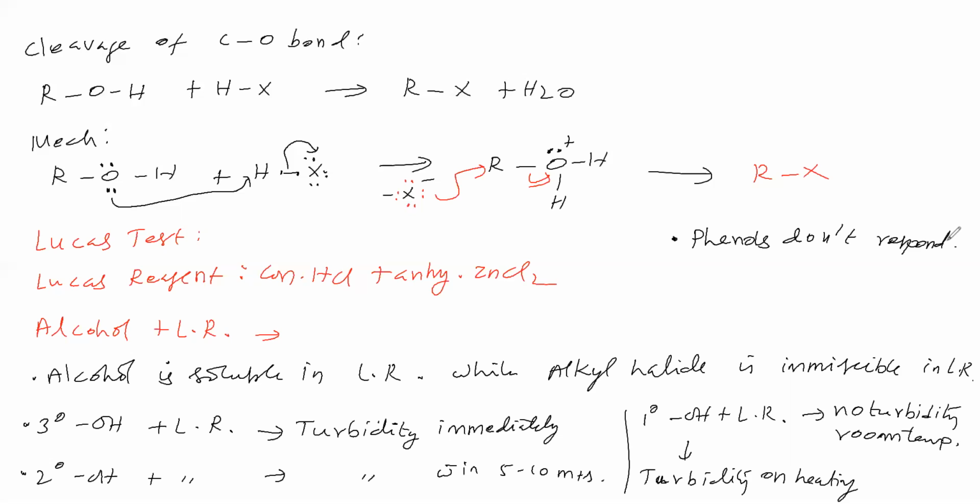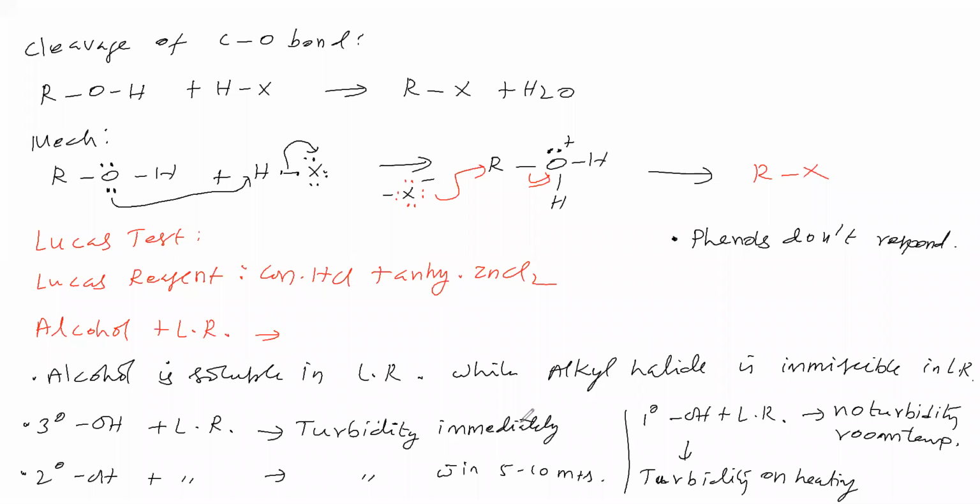So now, tertiary alcohol with Lucas reagent gives turbidity immediately. Alcohol is soluble in Lucas reagent; alkyl halide is insoluble in Lucas reagent. Turbidity is immediately formed because tertiary alcohol immediately converts into alkyl halide.